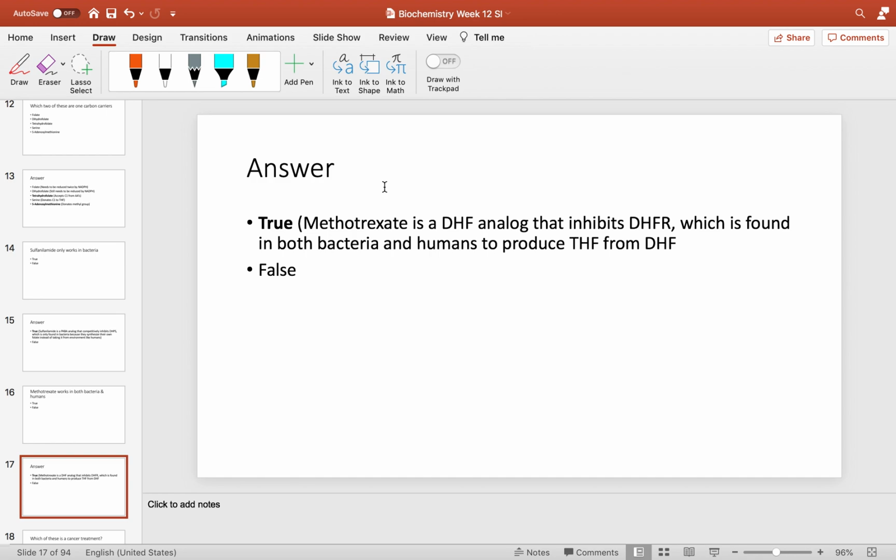So it's able to fool this enzyme DHFR, which was dihydrofolate reductase, the last step in that pathway to create THF. And this enzyme is actually found in both humans and bacteria because it's the last step. So methotrexate will inhibit it in both humans and bacteria. And remember, this is a novel cancer therapy by inhibiting cancer's ability to replicate because it inhibits nucleotide biosynthesis.